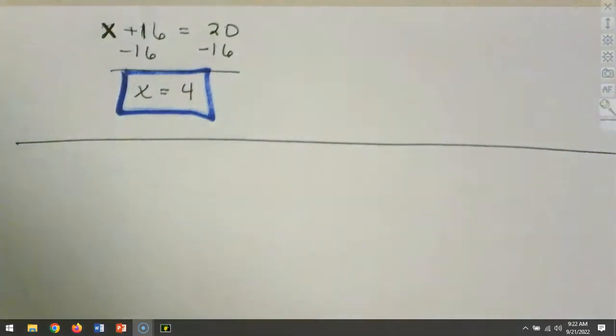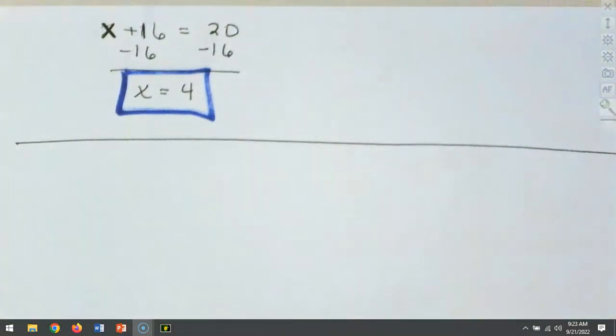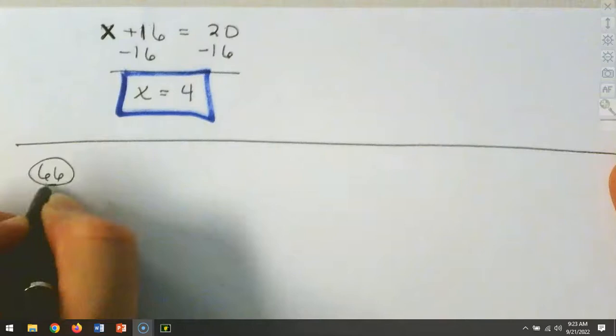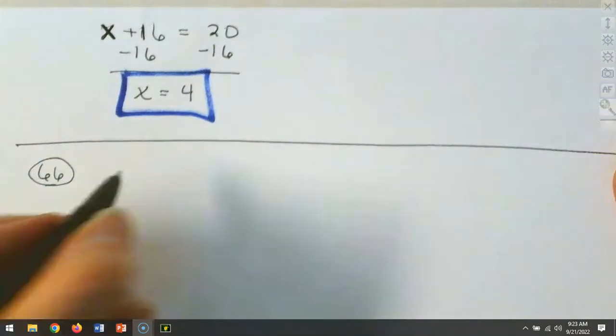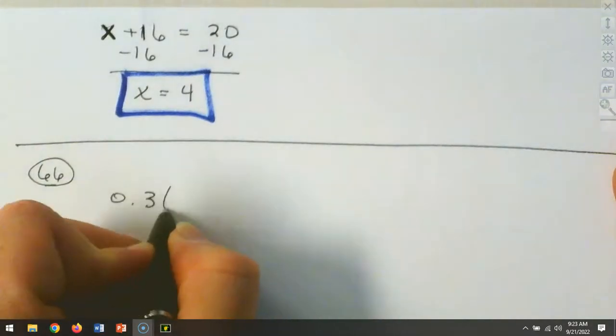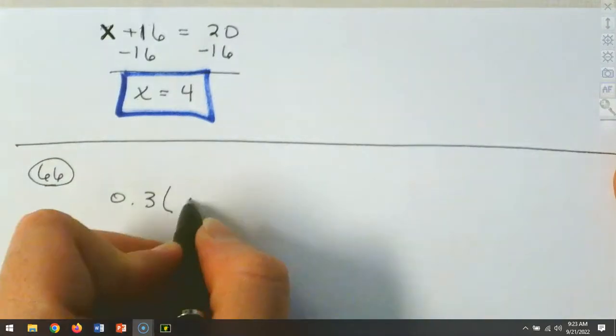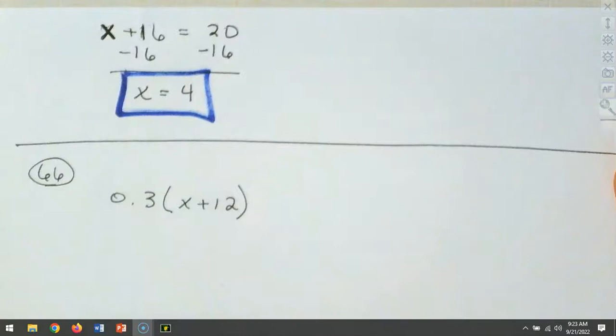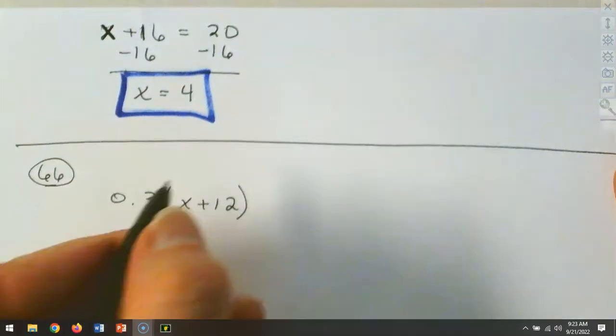So don't try to clear out the decimals. Some instructors have you do that. I think it's more work than just using the calculator. And students don't generally struggle with decimals as much as they do with the fractions. We've covered a lot of fractions, so now we're going to move on to the decimals.